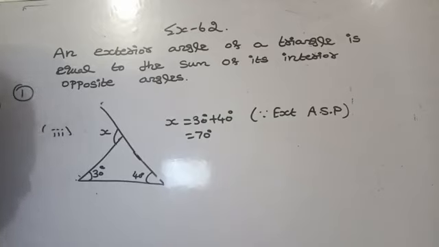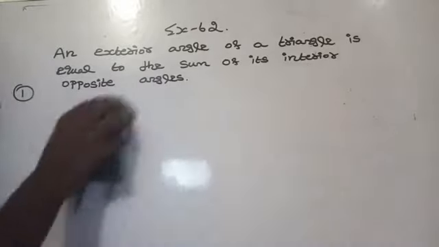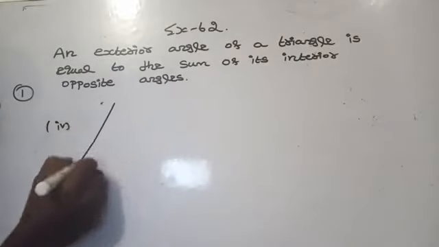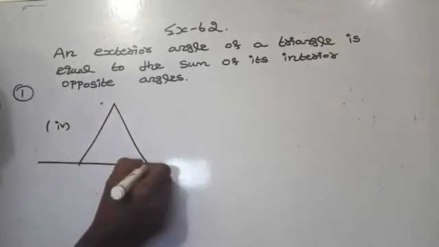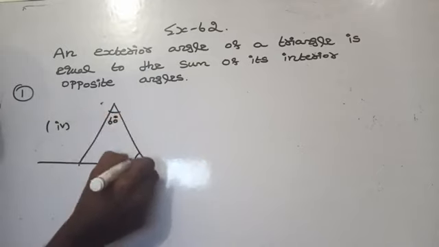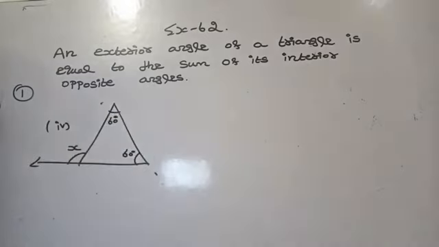The diagram is given. 60 degrees, 60 degrees. Fourth part. It is an equilateral triangle. 60 degrees, 60 degrees. It is x.